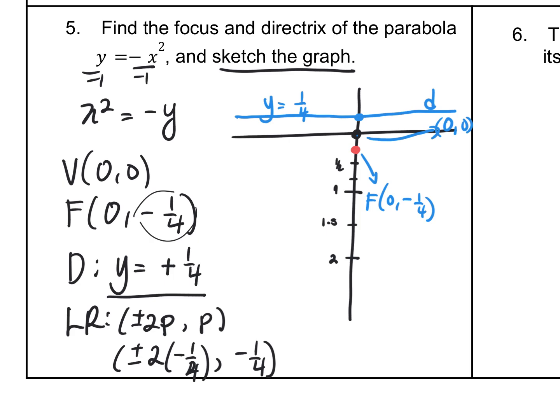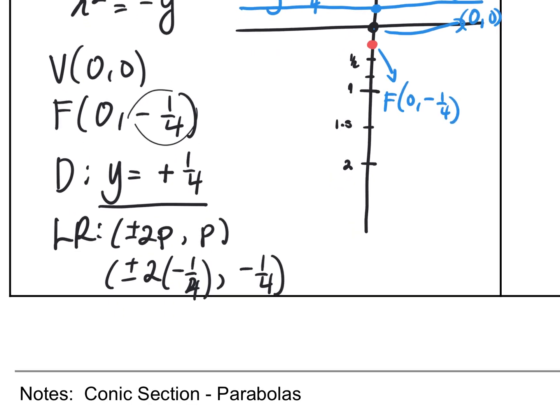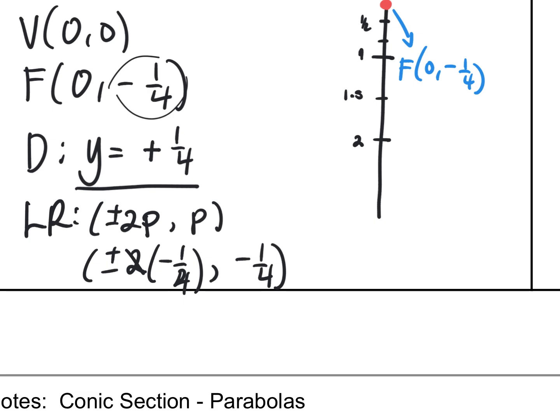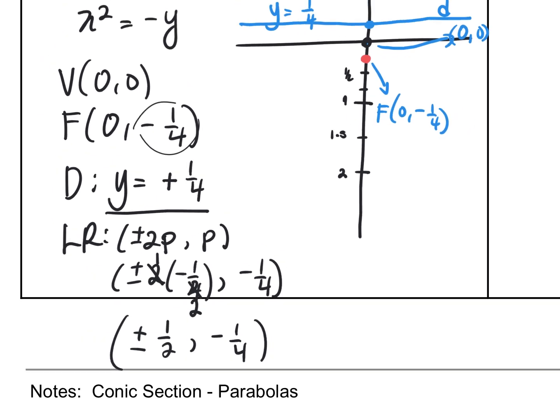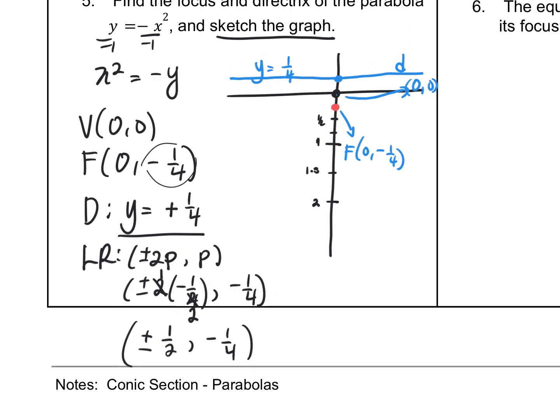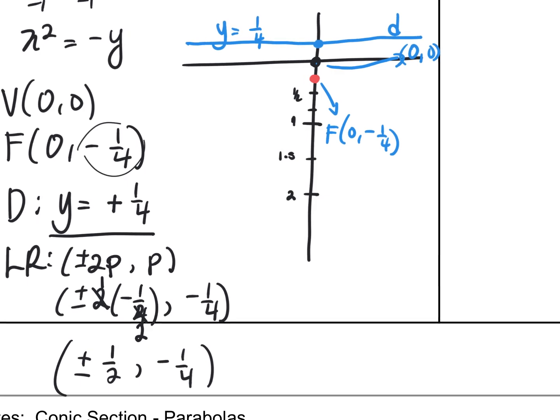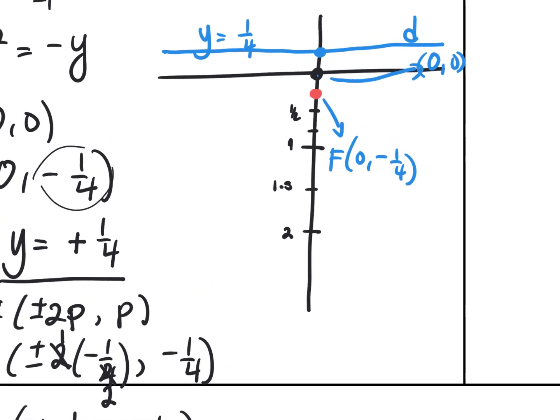Simplifying further, I'm just going to cancel this one and this one. This is going to give you 1 and this is going to give you 2. So it's going to be located at plus or minus 1/2 and then negative 1/4. So this is going to be our latus rectum coordinates. Plus and minus 1/2, which is really totally very small.